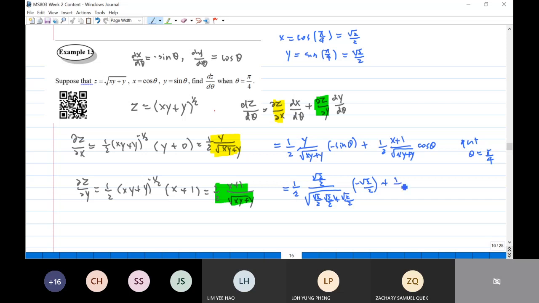Okay, plus half of x, square root 2 over 2, over the square root of square root 2 over 2 times square root 2 over 2, plus square root 2 over 2. And then cosine theta is square root 2 over 2 here.